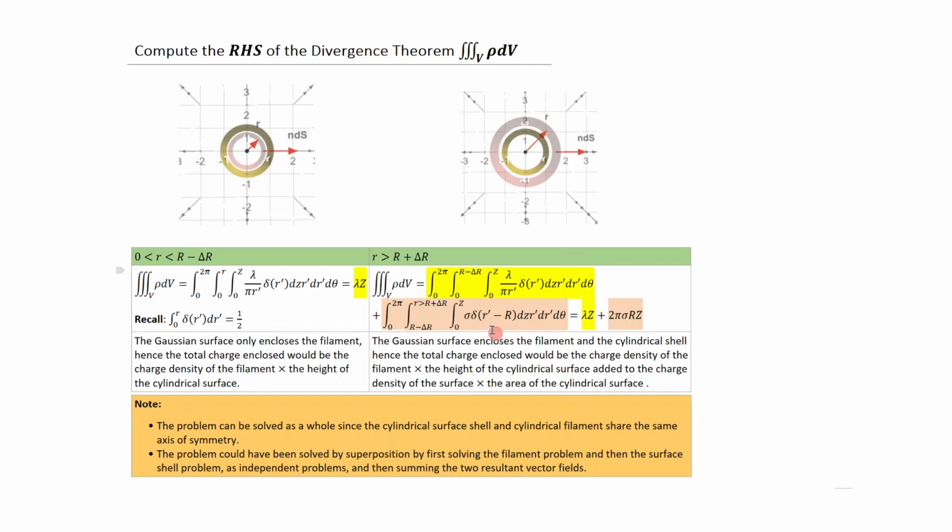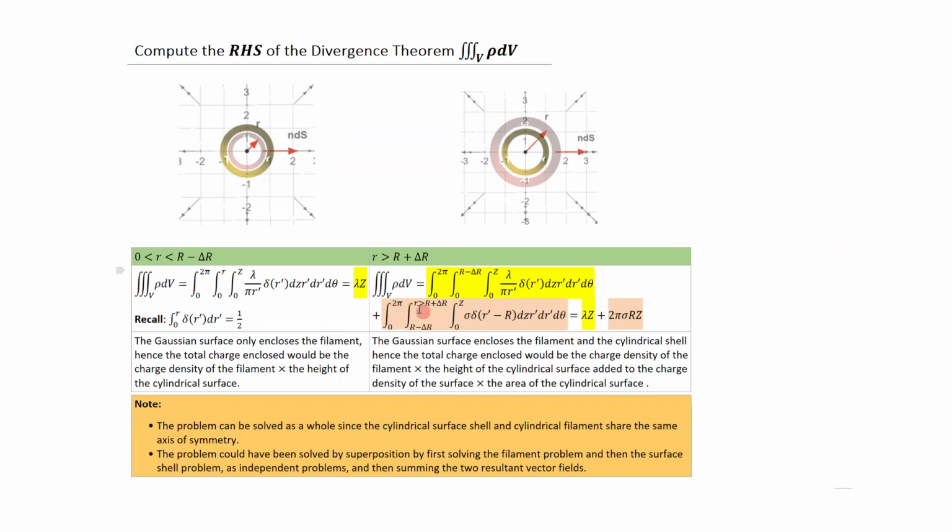In that case, we're dealing with the cylindrical surface charge density, so the appropriate Dirac delta distribution is sigma delta of r' minus R. Again, this is the differential volume in cylindrical coordinates. Again, Z is the height of the cylindrical box. But here the lower limit is R minus delta R, and this r is any value greater than R plus delta R, again theta from 0 to 2 pi.